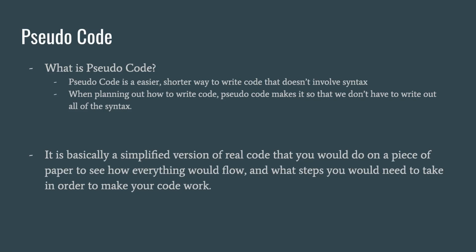A lot of programmers and engineers often start with pseudocode on paper, where you visualize what you want your program to do and how you'll do it. You might not write perfect syntax, adding semicolons everywhere, but you have a general idea of what you want your program to do.